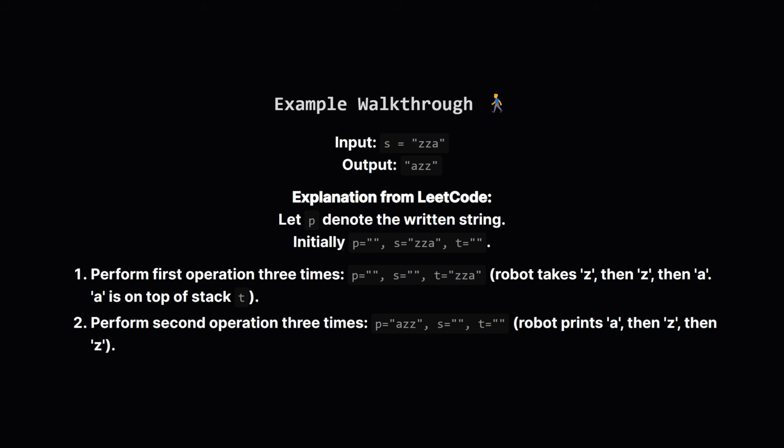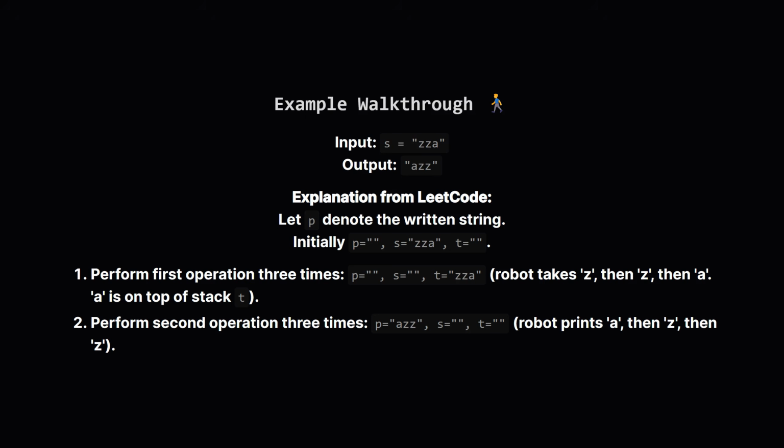Hand t is now z, s is za. Then, another z from z, a goes to t. Hand t is now z, second z on top, s is a. Finally, a from a goes to t. Hand t is now z, z, a. A is on top. s is empty.